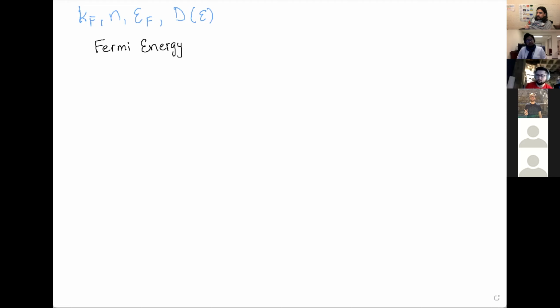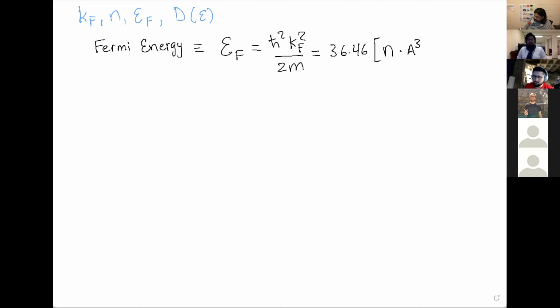For the free electron gas, we said that it was related to KF this way. And then if we look for units, it could be something like this, 36 times 0.46 times the density. Then here, let me not forget this A cube. This is to the 2/3, and with that numeric value, this will give you the Fermi energy in terms of electron volts.